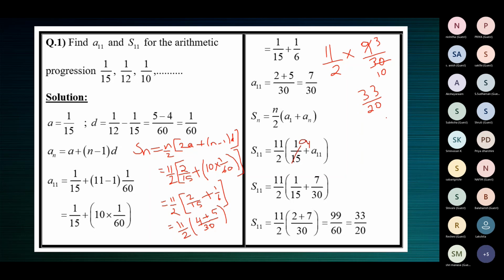Any formula you can use, n by 2. There's nothing that says you should use only this or only that; it depends on the information provided. But here we have information to use both formulae, so you can use anything.